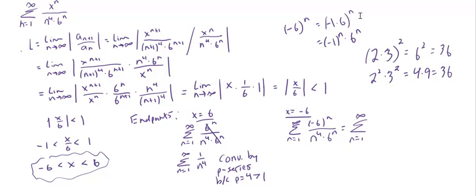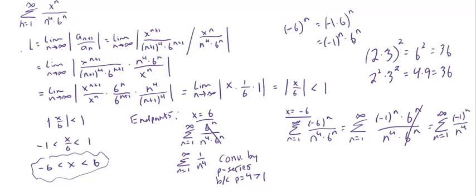But notice what happens if I replace this negative 6 to the n with this. That gives me negative 1 to the n times 6 to the n all over n to the 4th times 6 to the n. Again, these cancel, and that gives me sigma n equals 1 to infinity of negative 1 to the n over n to the 4th.